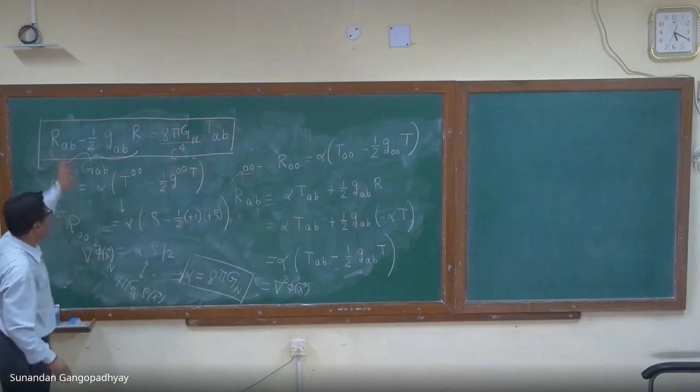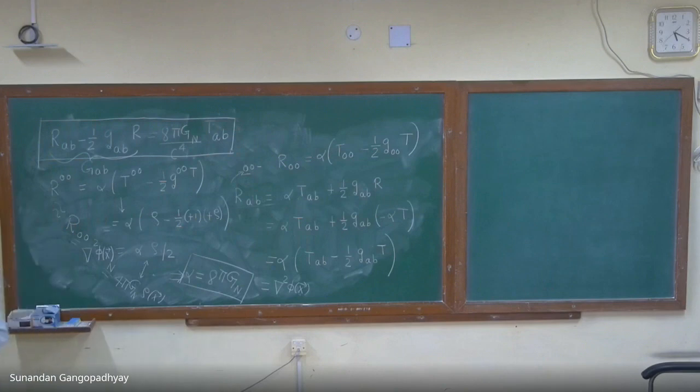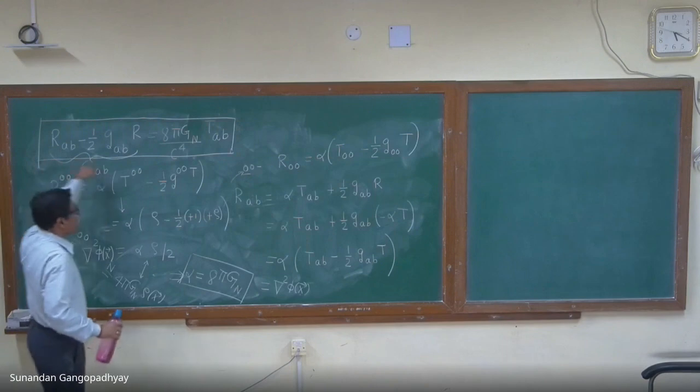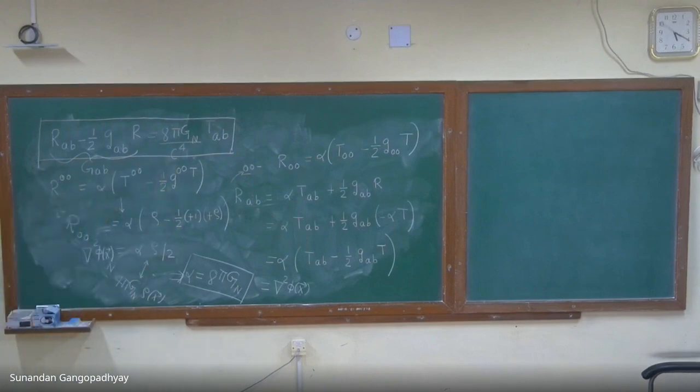And this equation is an equation which is second order in the metric tensor g_AB. This is a tensor equation, and there are 10 such equations. This is a second order differential equation, nonlinear differential equation, obviously.